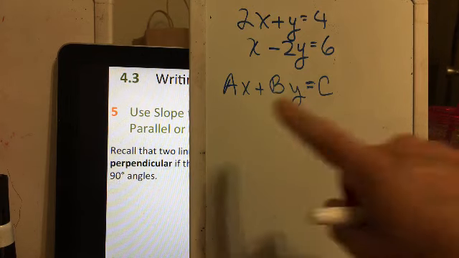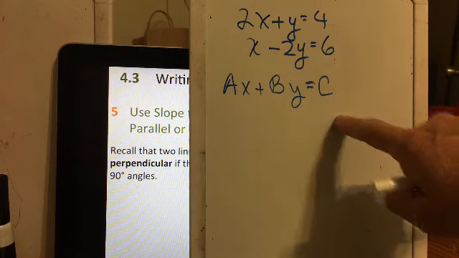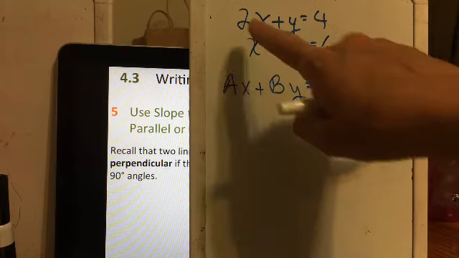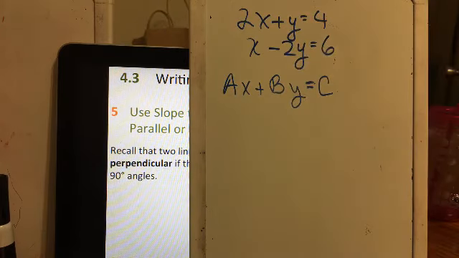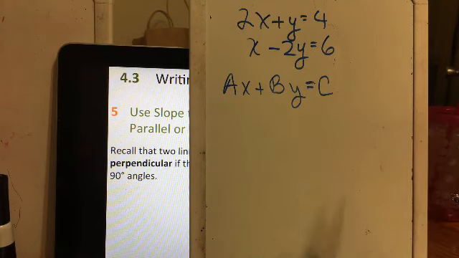So I'm starting out with the general standard form of the line. In other words, I've got an A and a B and a C instead of numbers like you see up here. Because I'm starting with the general form, the rule that I come up with will be true always. So I'm going to develop a formula.